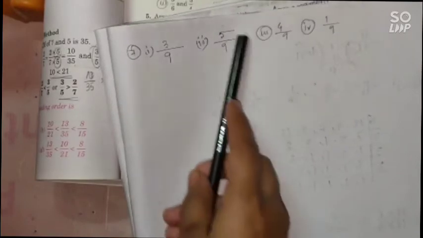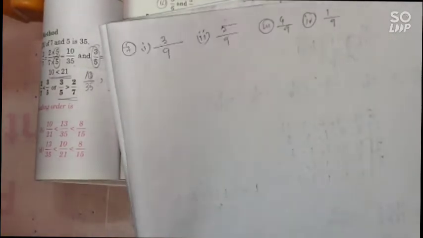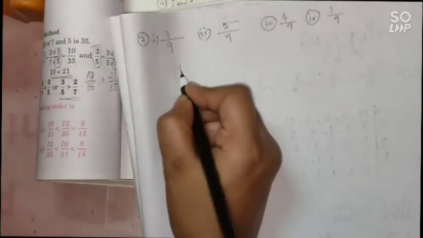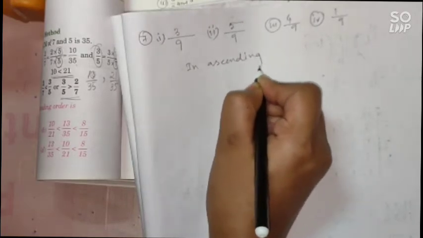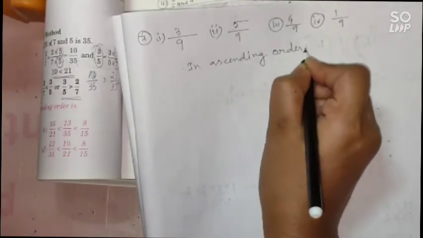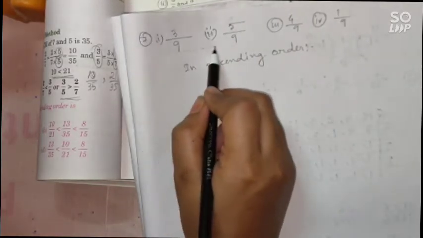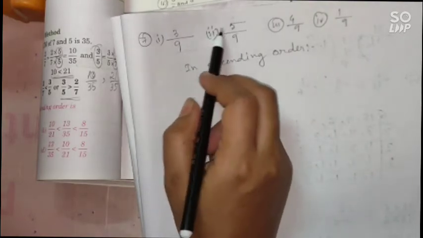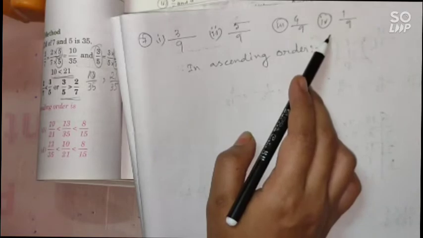So you have to arrange these fractions in ascending order. Ascending order means smaller to bigger. You can see that the denominators of all the fractions are the same. That means these are like fractions. So how can you compare like fractions?